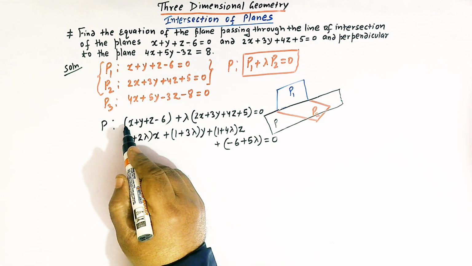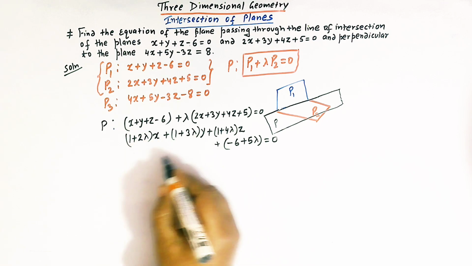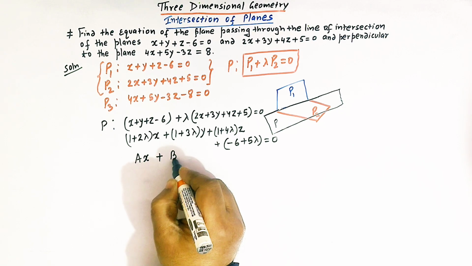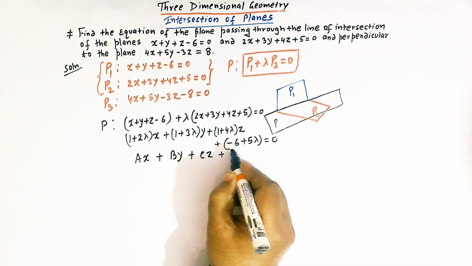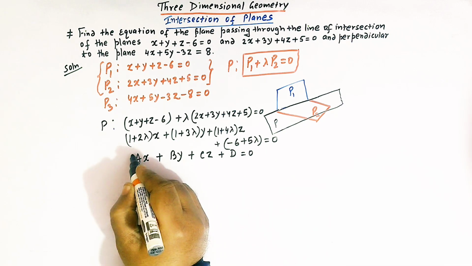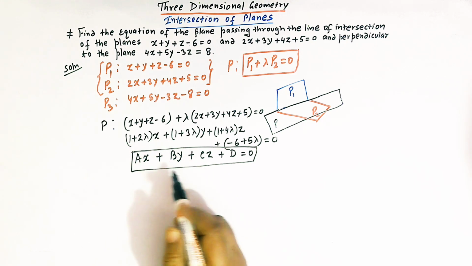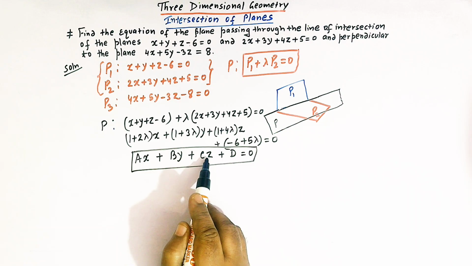We have written the equation like this so that it can be written in the form ax + by + cz + d = 0, because we know that the equation of a plane is a first degree equation in x, y and z.